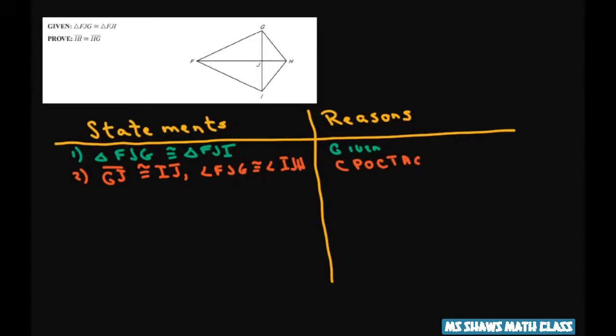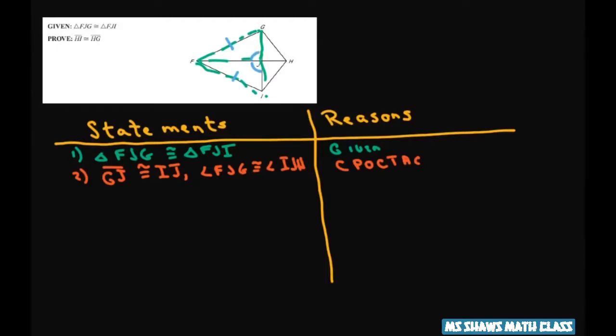Since these two triangles are congruent, right here, that means that these two sides are congruent and these angles are congruent here.